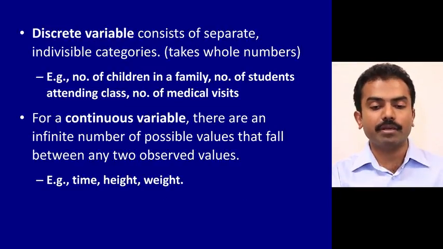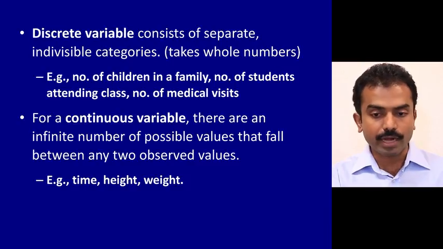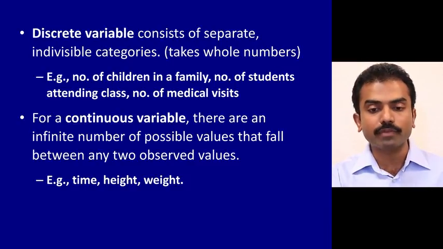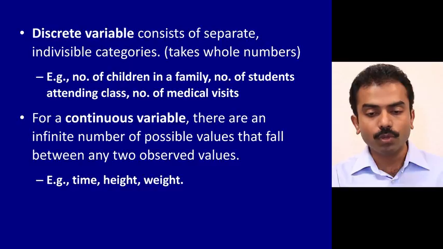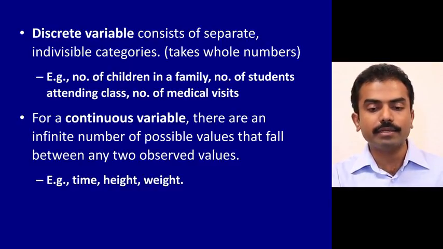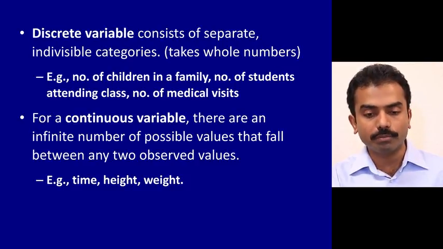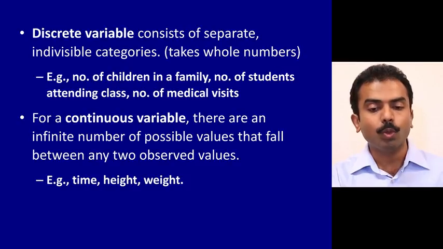What's a discrete variable? It's a quantitative variable, which means that it is expressed in terms of numbers, but those consist of separate indivisible categories. For example, number of children in a family. It can take only whole numbers. It can be 0, 1, 2, 3, 4, and so on.